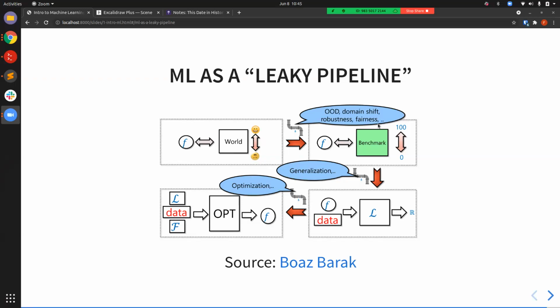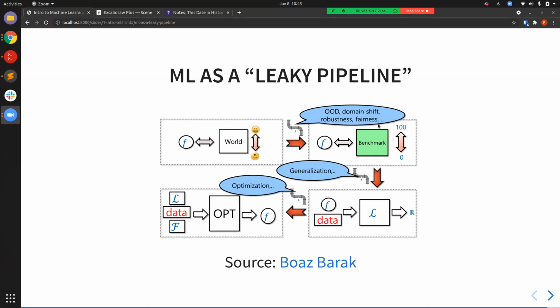Even as far as this benchmark task goes, I might train an algorithm that does very well in minimizing the loss on part of the data, but doesn't do very well on unseen data from the benchmark. So that's the second leaky pipeline. The first is the difference between the world and the benchmark. The second is the difference between minimizing the loss function on some training data in the benchmark and overall minimizing the error on the entire benchmark problem.